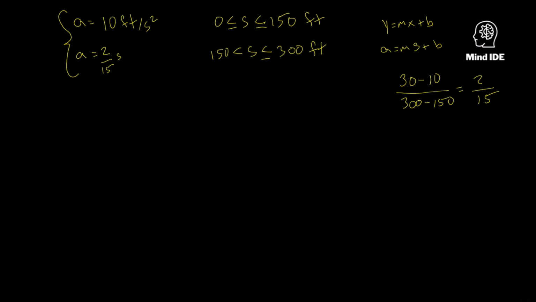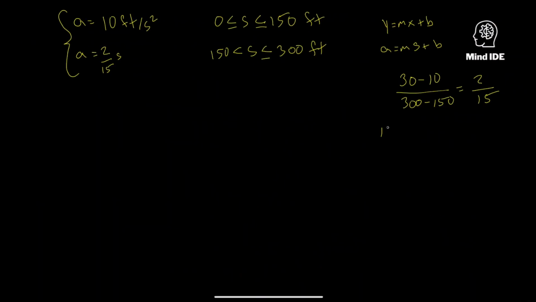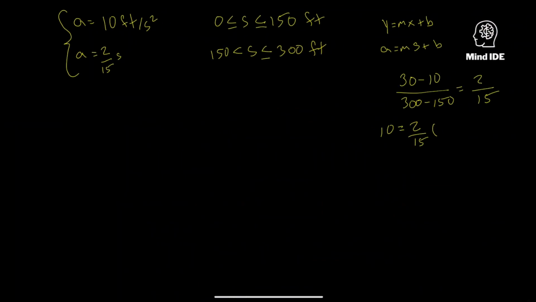So we take a value of a and we sub that in. At a is 10, so 10 equals 2 over 15 times the value for s, which is 150, plus b.